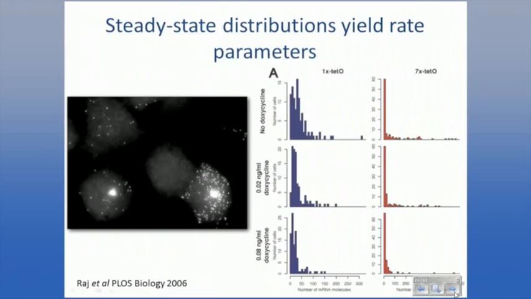In this case, you have this cell and this cell, which both have blazing nuclear expression of this particular transcript. This one has really high cytoplasmic expression as well. This cell is basically quiet, and this cell has very low levels. So you can use these counts to infer not only that there's bursting, but what the rate parameters of the bursting and the transcription are.